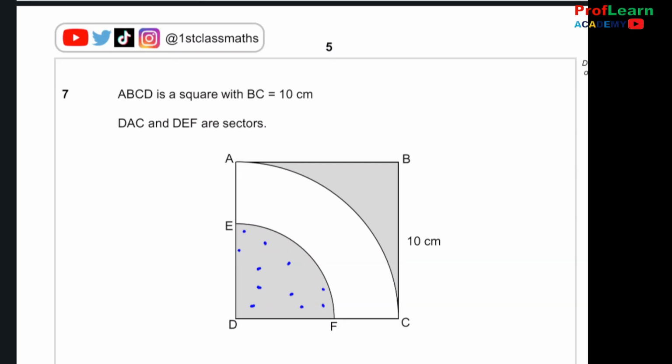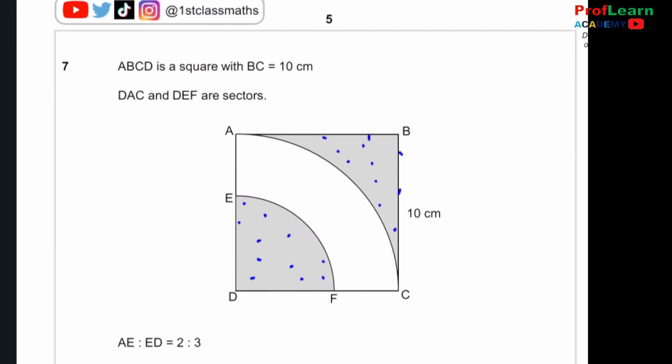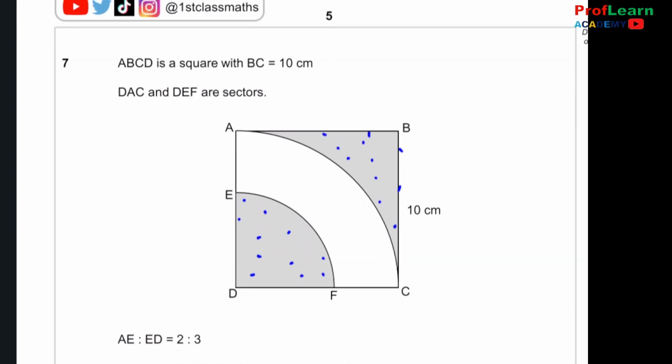Then we are supposed to work out the area of the shaded part and give our answer in terms of pi. Okay, we need to ask ourselves, how can we work out the area of this part? Actually, this is a bit technical, because the area of the shaded part is going to include this part also plus this other part that we have here.